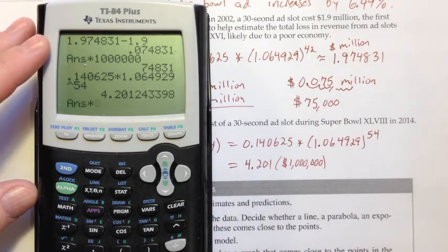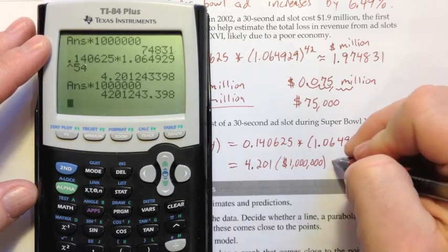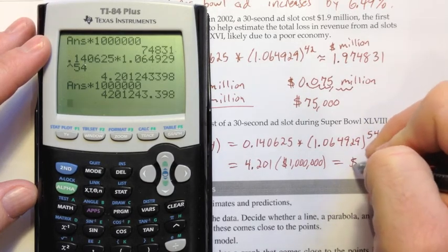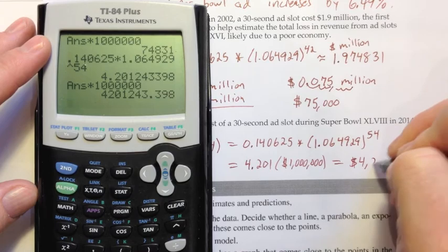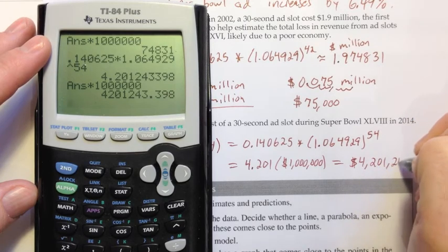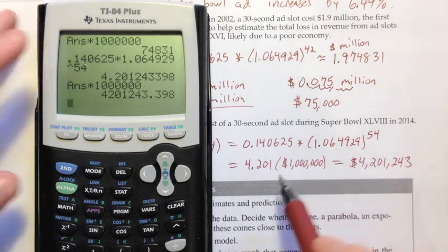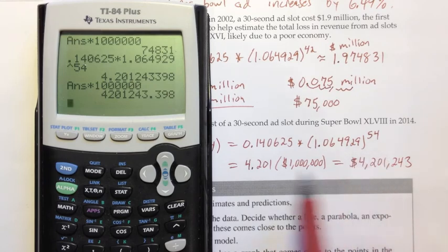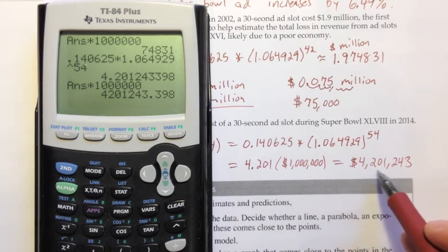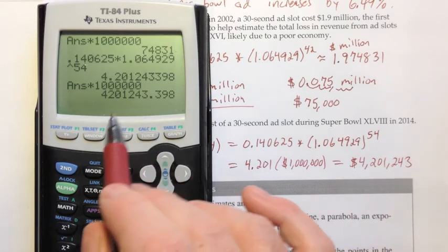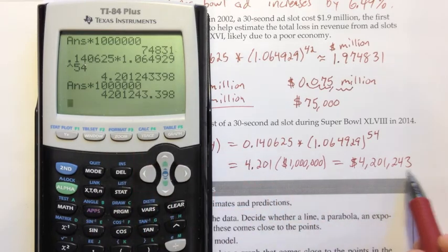So if I multiply by a million, I get $4,201,243. So it kind of went back and forth on my decimals here. If you just left it like this, you could say that it's about 4,201,000. If I use the original number from the calculator, I can go to the dollars place.